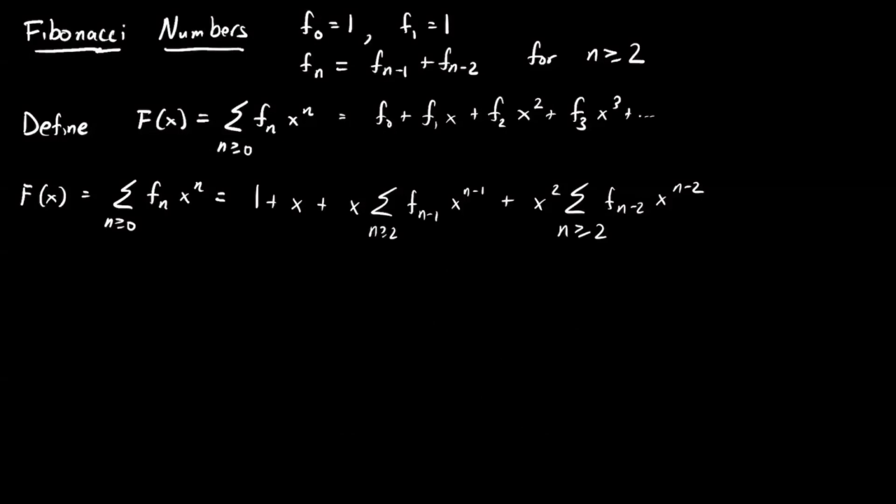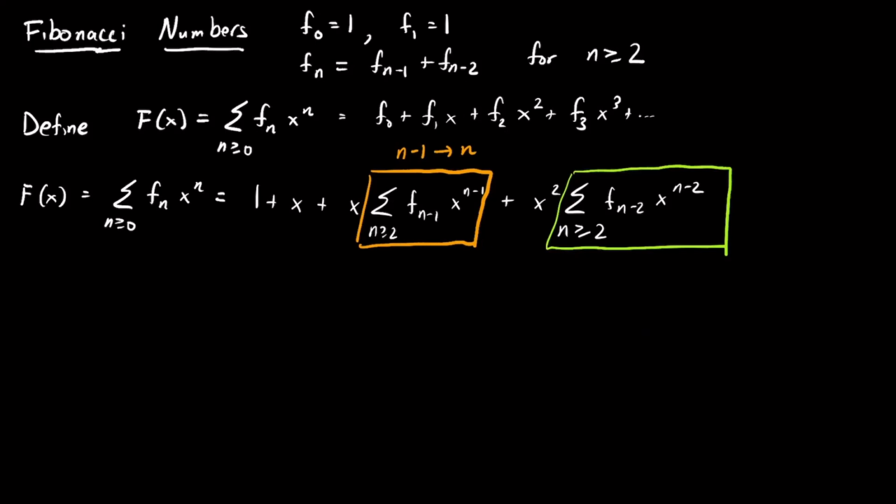Okay, so now I'm going to take these two sums and re-index them. So with this sum, I'm going to replace every single n minus 1 with n, and with the second sum, I'm going to replace every single n minus 2 with n. Okay, so when I reindex this, what does this become? This is going to become 1 plus x times the sum of f sub n, x to the n.